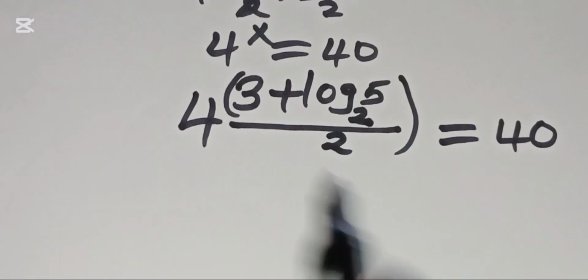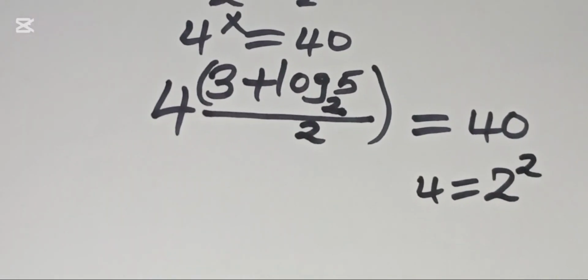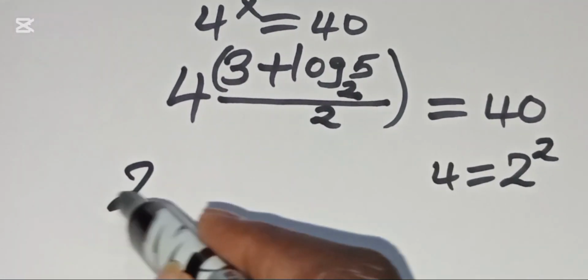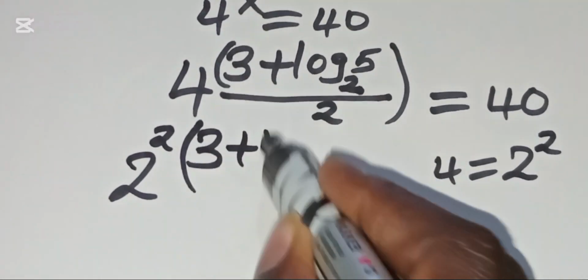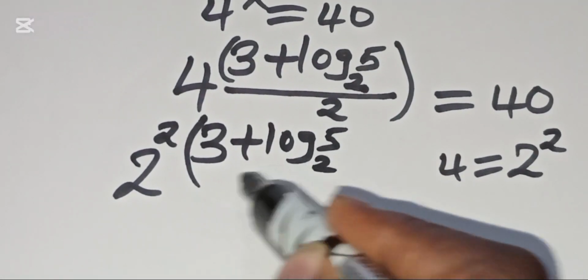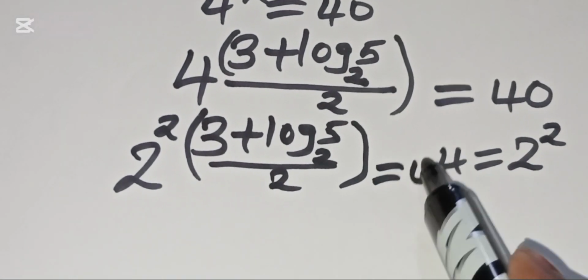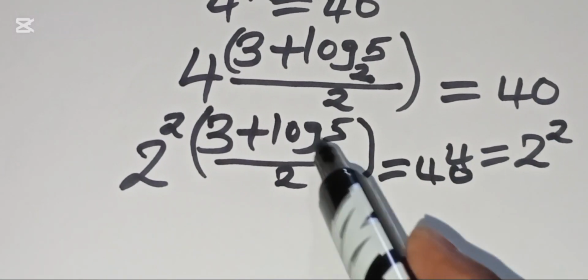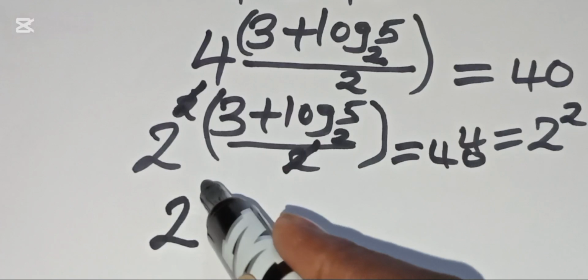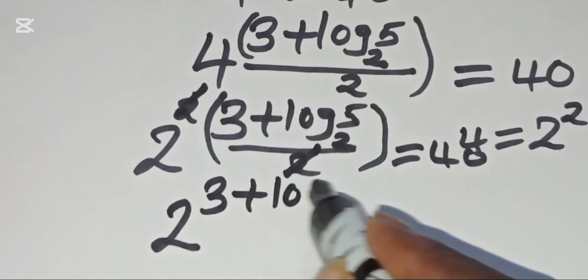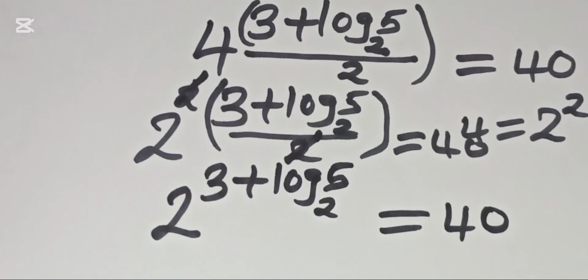Now from this case, we have that 4 can be expressed as 2 raised to power 2. So you're going to have 2 raised to power 2 times 3 plus log 5 to base 2, divided by 2. This is supposed to give us a value of 40. Now as you can see, we simplify these 2 and 2, so that we're going to have 2 raised to power 3 plus log 5 to base 2, and this is equal to 40.